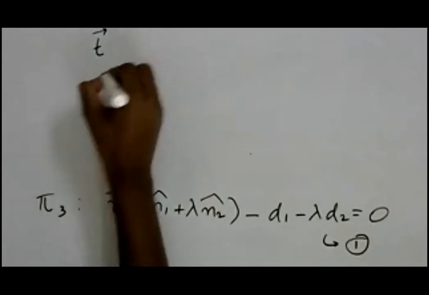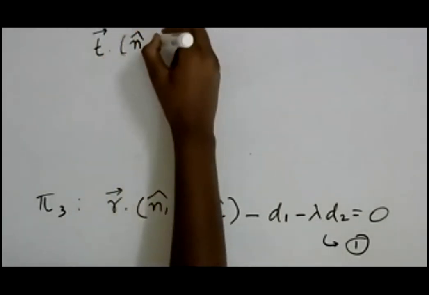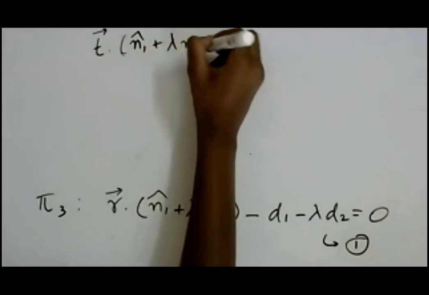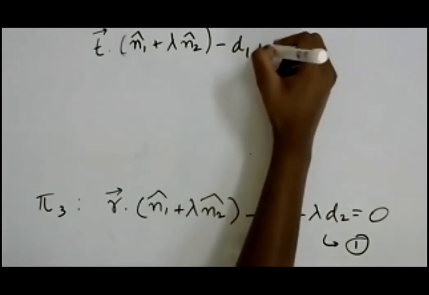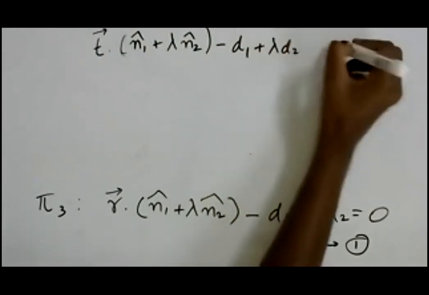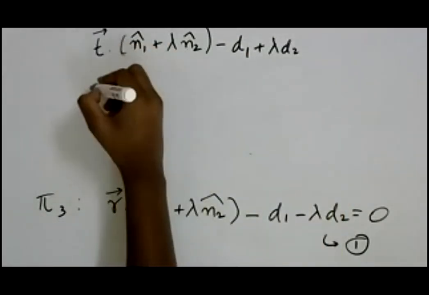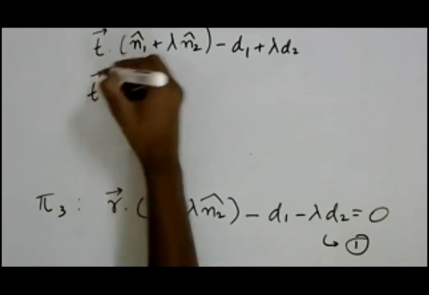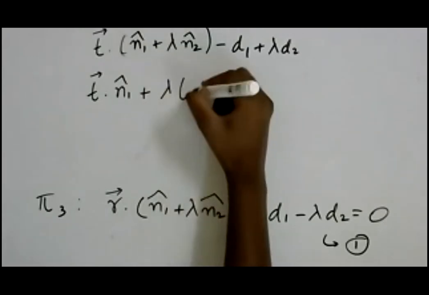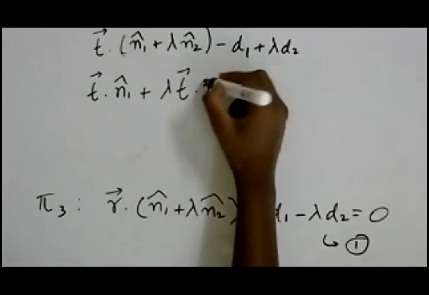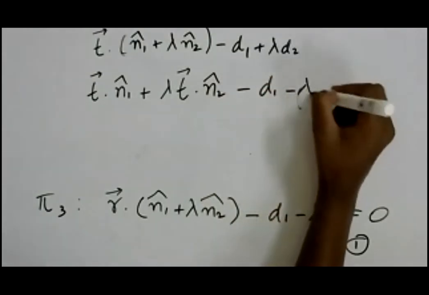So we have t vector dotted with n1 hat plus lambda times n2 hat, minus d1 minus lambda times d2 is equal to, I don't know what the answer is going to be, let's see. Distributing it over the dot, we have t vector dotted with n1 hat plus lambda times t vector dotted with n2 hat, minus d1 minus lambda times d2.